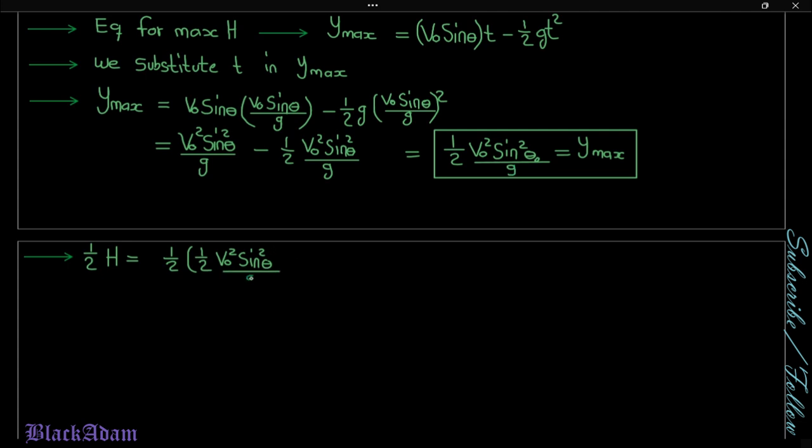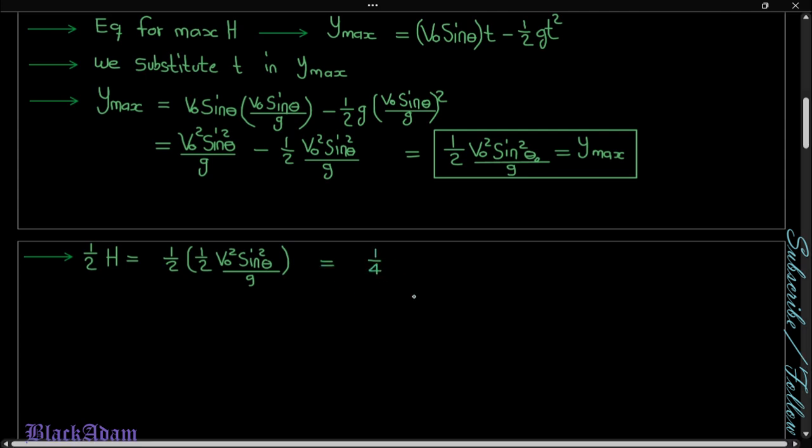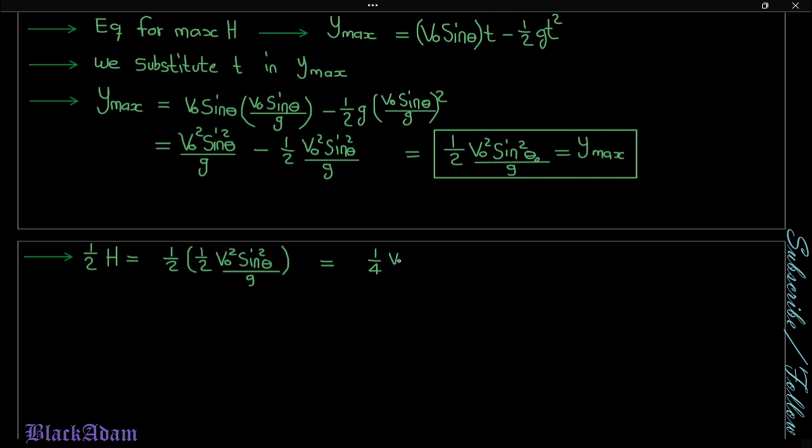That is half times half, which is a quarter of v initial squared sine squared theta, all over g.